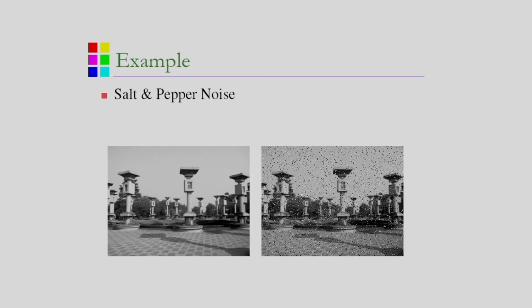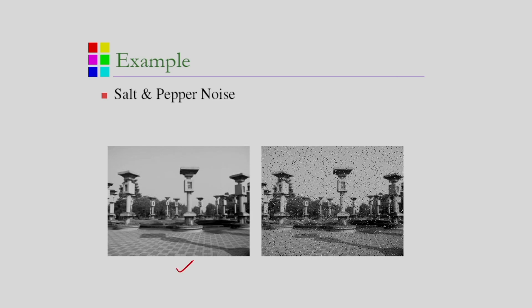So this is one example of the salt and pepper noise. The salt and pepper noise is nothing but the impulse noises, and it is not affecting all the pixels of the image. Like in Gaussian noise, the Gaussian noise affects all the pixels of the image. But in case of the salt and pepper noise, it affects only a few pixels of the image, and that is nothing but on and off noise.